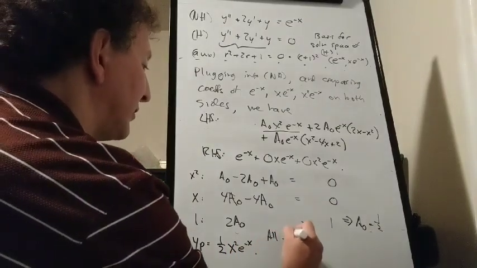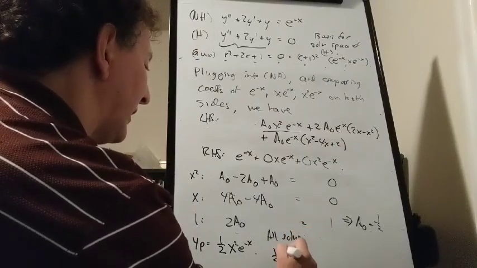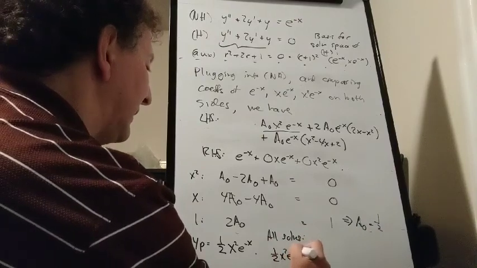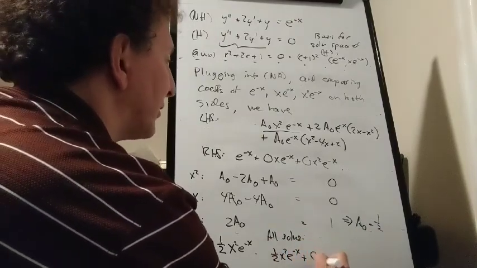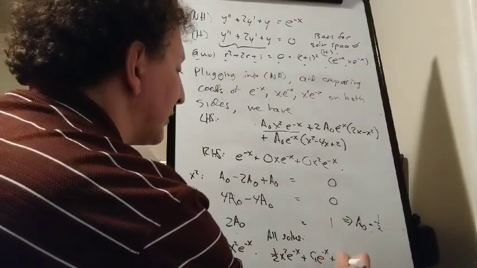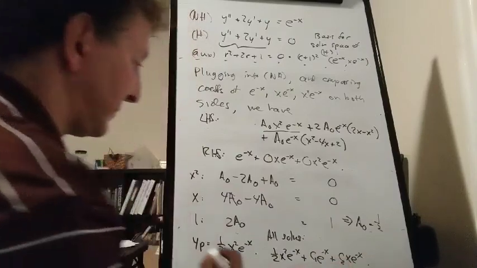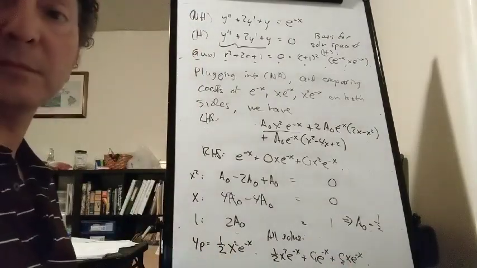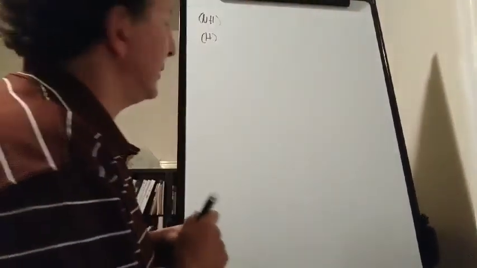And then all solutions are 1/2 x squared e to the negative x plus all multiples of e to the negative x plus all multiples of x e to the negative x. All right, now here's sort of a tricky example.